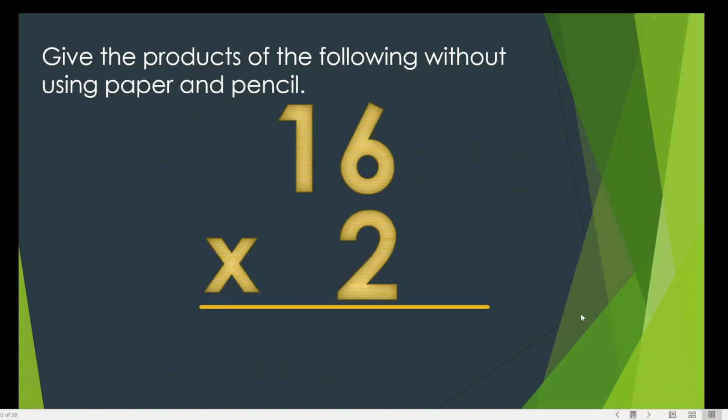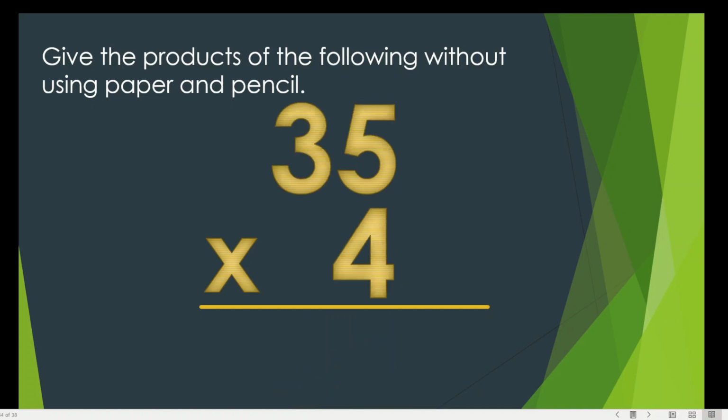Okay. So now, give the products of the following without using paper and pencil. So what is 16 times 2? Okay, very good. The answer is 32. How about 35 times 4? Okay, very good. We have got 130.